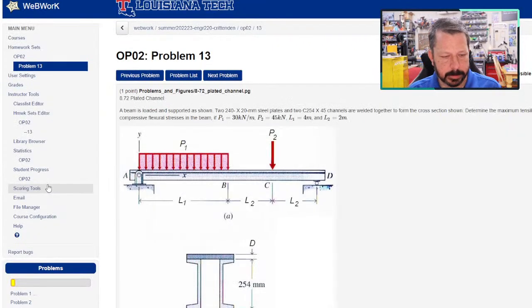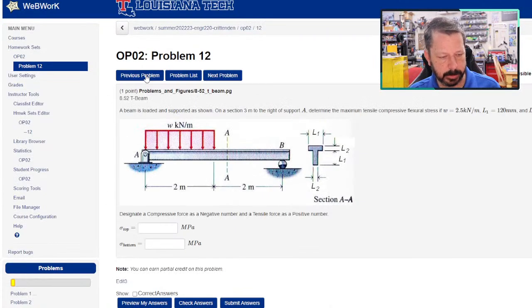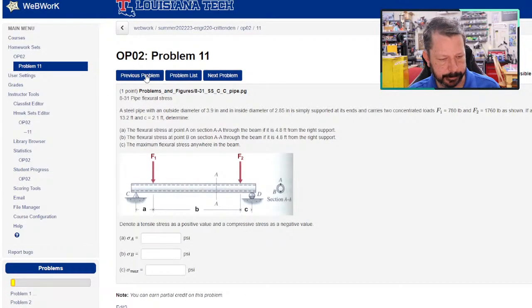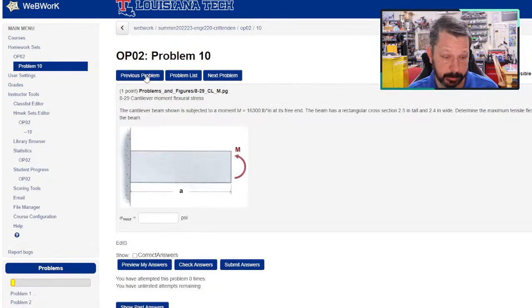Oh, all right, so these are definitely set up for doing the moment of inertia, which is not what we're working on right now. Well, that one's pretty simple. So this is a cantilever beam. We haven't done a lot of cantilever beam stuff before.